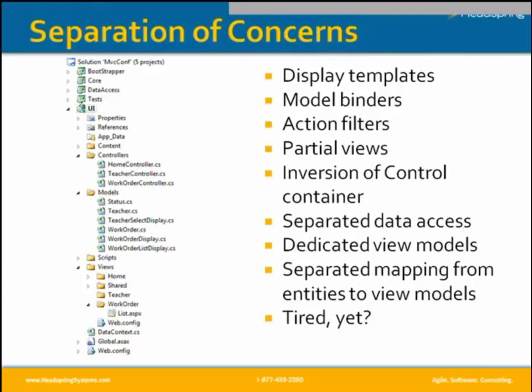So we would need to add quite a few concepts here. We need to add some display templates, some model binders, and we'd have to have some action filters in there, some partial views. Now, in order to manage all this separation, we have to have our inversion of control container, because there's just so many things going on. We've created a problem now, and inversion of control is the fancy shiny toy that can solve that problem, okay?